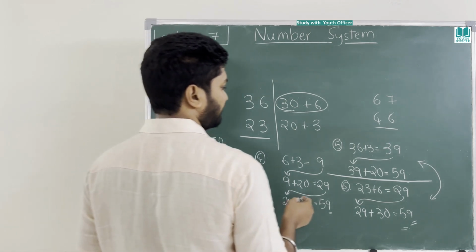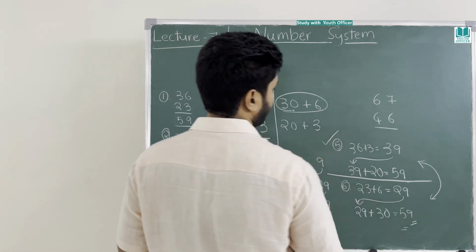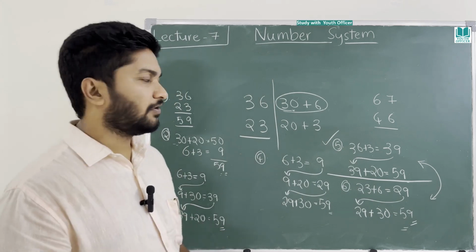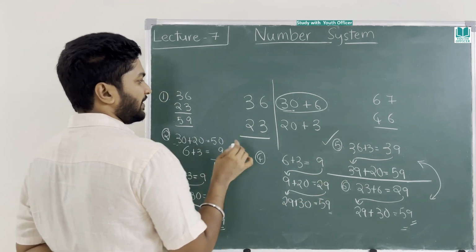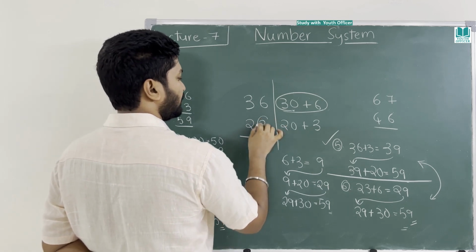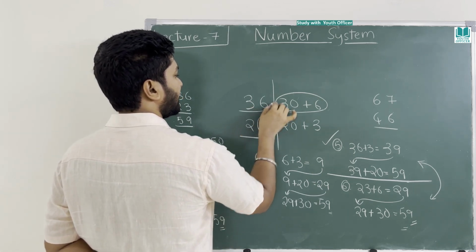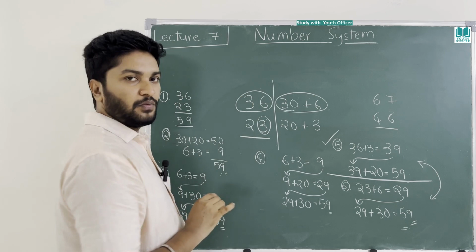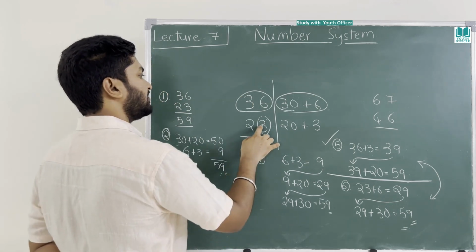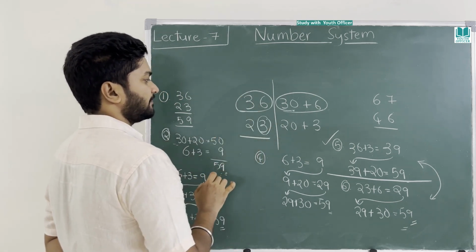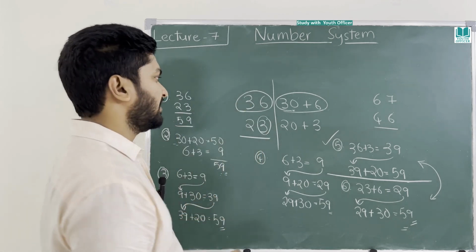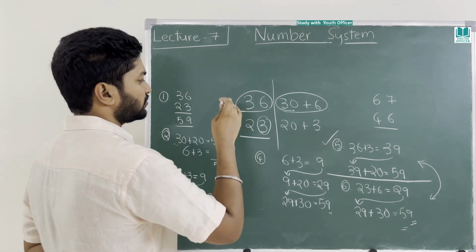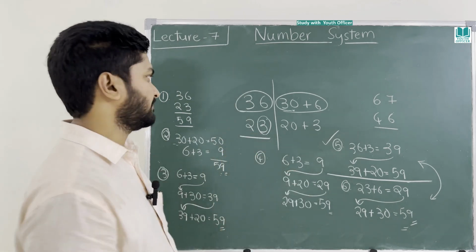You have to follow this fifth method. Why should you follow the fifth method? Because it is always better to add the unit digit to the bigger number. Once you add this to a larger number, most of the calculation burden will reduce.